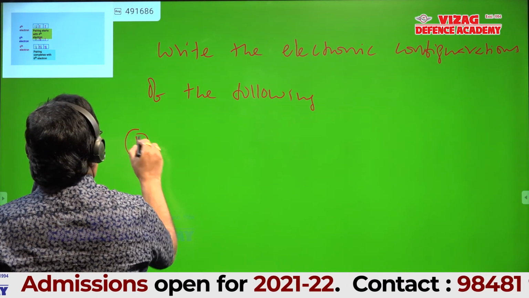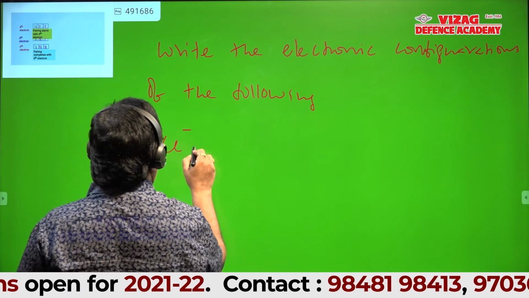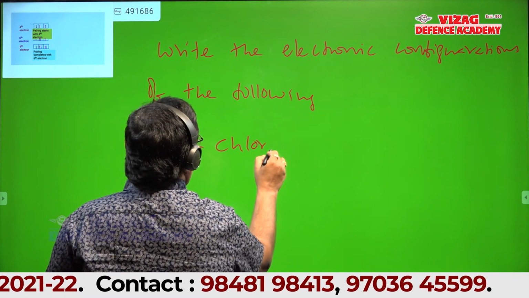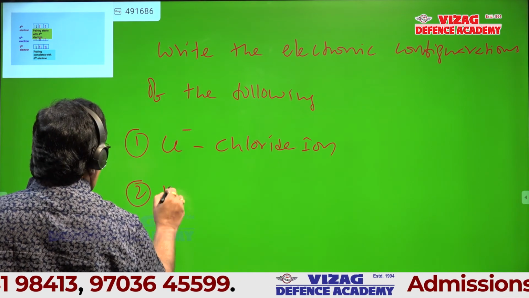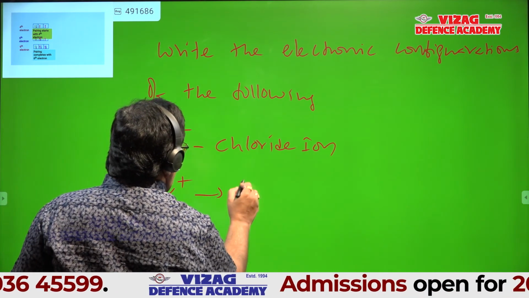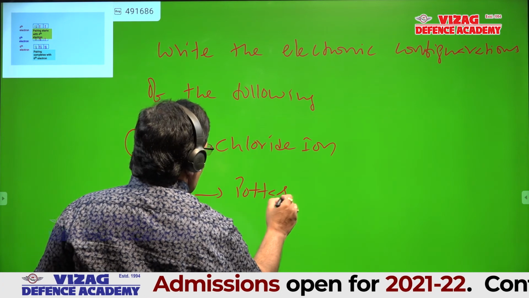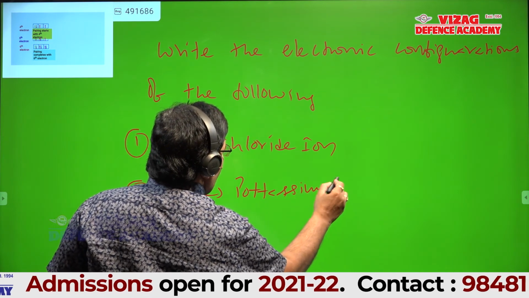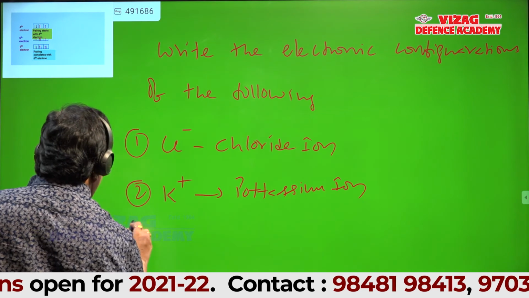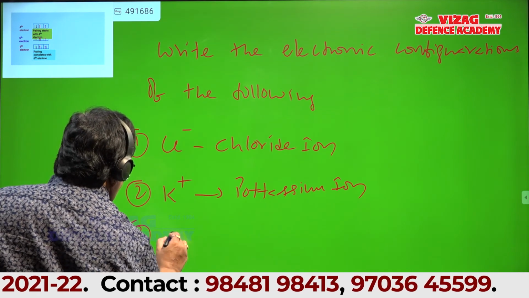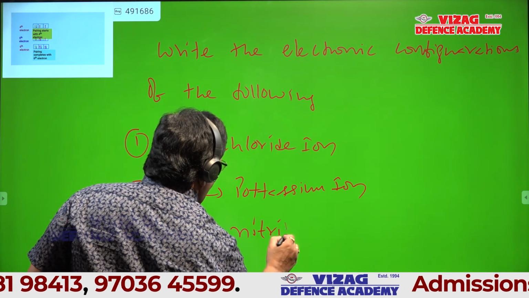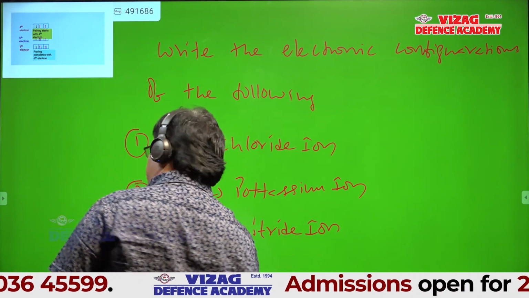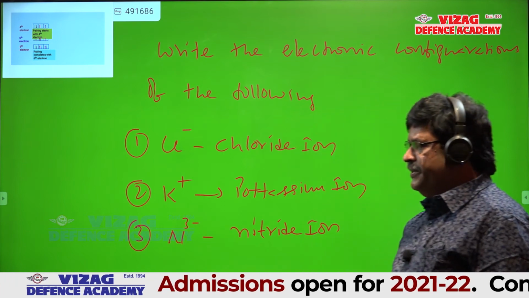First one, Cl minus, chloride ion. Second one, K plus, potassium ion. Third one, N3 minus, nitride ion. Can you write for these three?